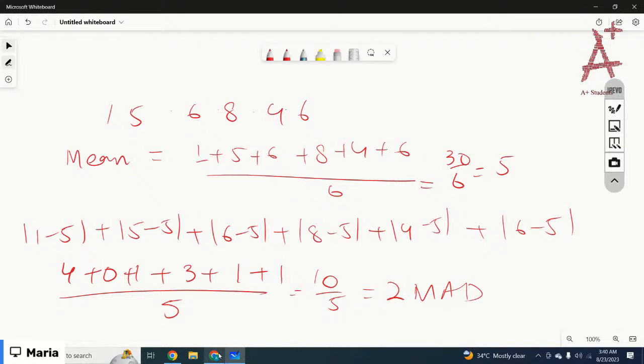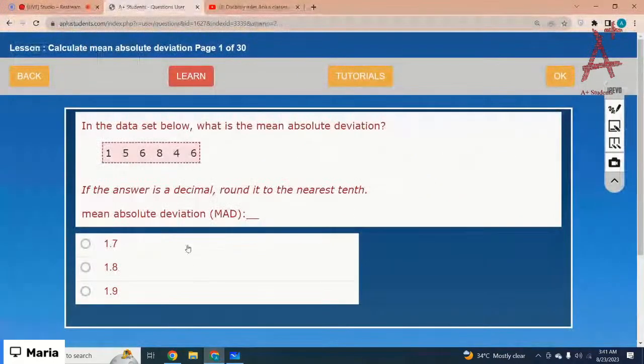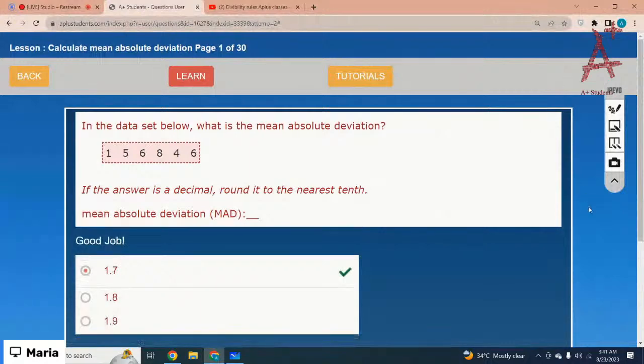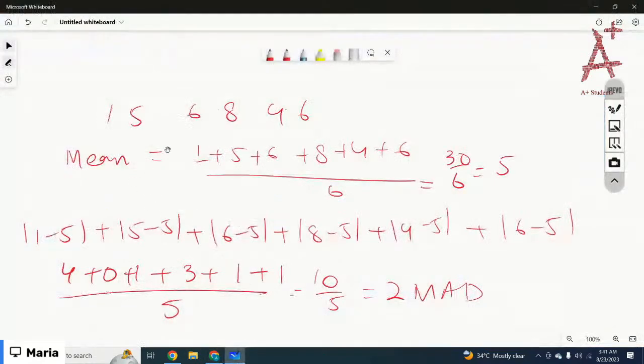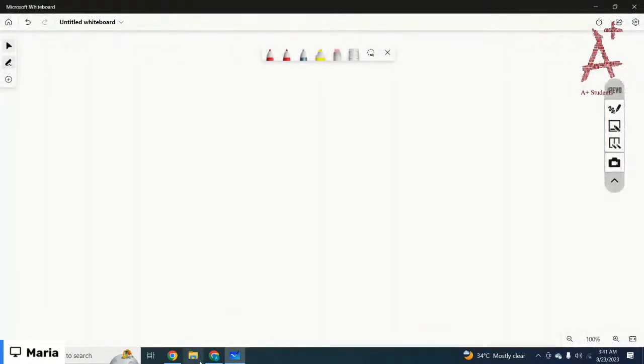Why do I have an exact value? It would be 2. I have the exact value 2. But here you have 1.9, 1.8. What's wrong? It would be 1.7. Okay, let's just do the second one. Maybe I did something wrong while using the calculator while adding, right?